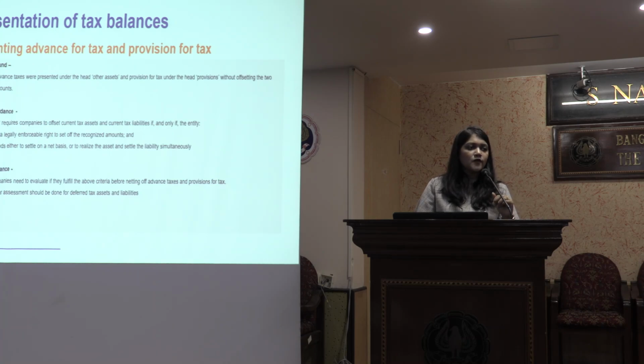We should keep in mind what factors should be tested in order to offset. Ind AS 12 has specifically provided guidance: the entity must have a legally enforceable right to set off these amounts and intend either to settle on a net basis or to realize the asset and settle the liability simultaneously.